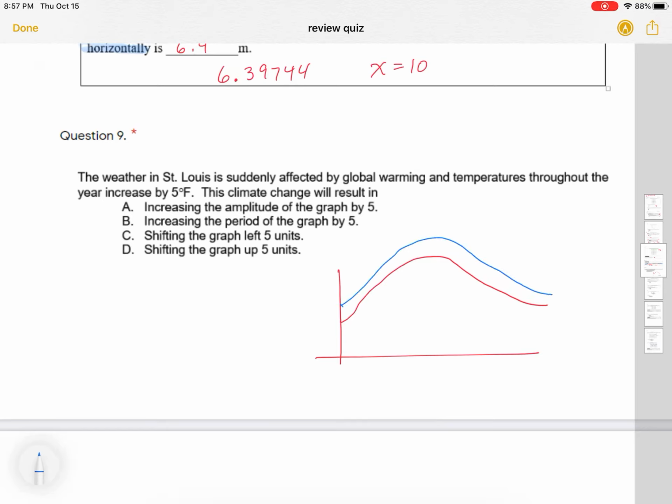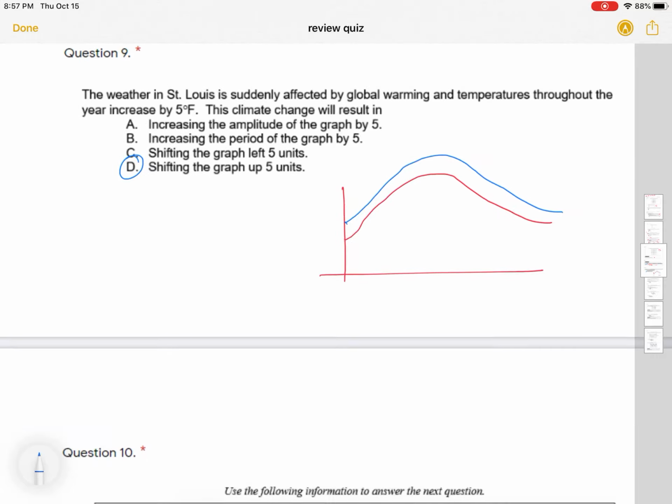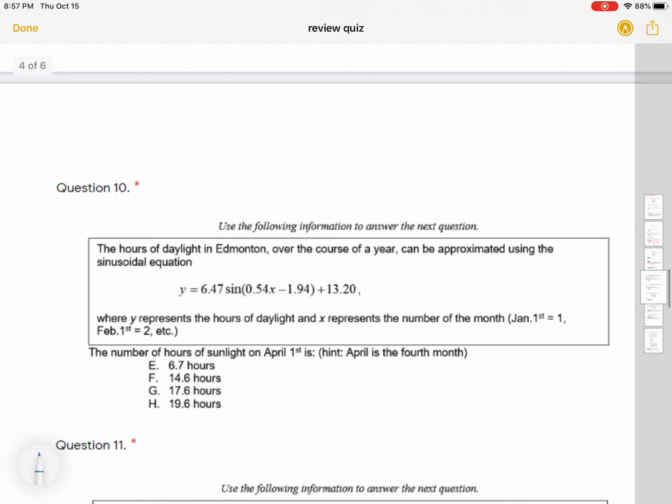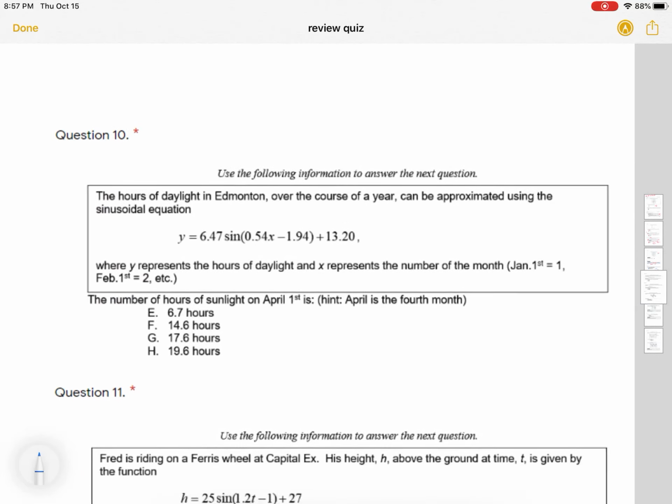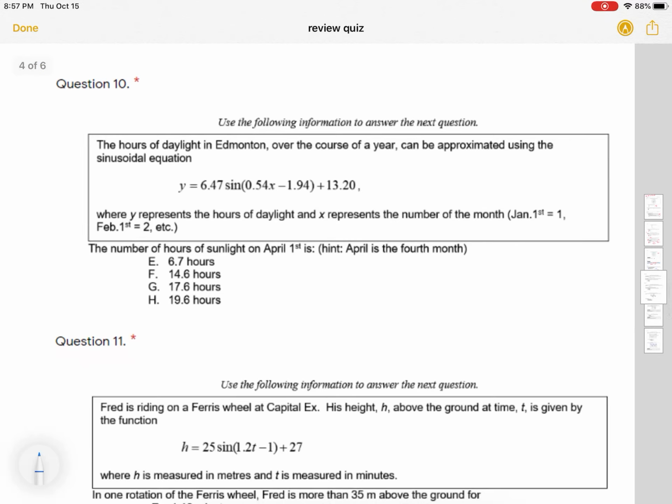If all the temperatures increase by 5, that means the whole graph is going to shift up by 5 degrees or 5 units. Okay, so we're basically just increasing the temperature 5 degrees all the way along. Okay, so that's more of a thinker.